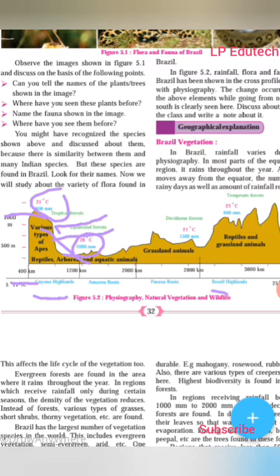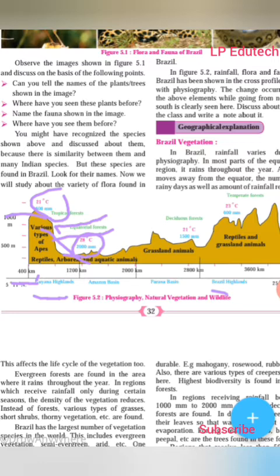Now what kind of fauna is found? The various types of apes, which is one type of monkey, and reptiles are found in this region. It is written that the various types of apes and reptiles are seen here. So in this way you can solve, and you can learn to solve the rest.